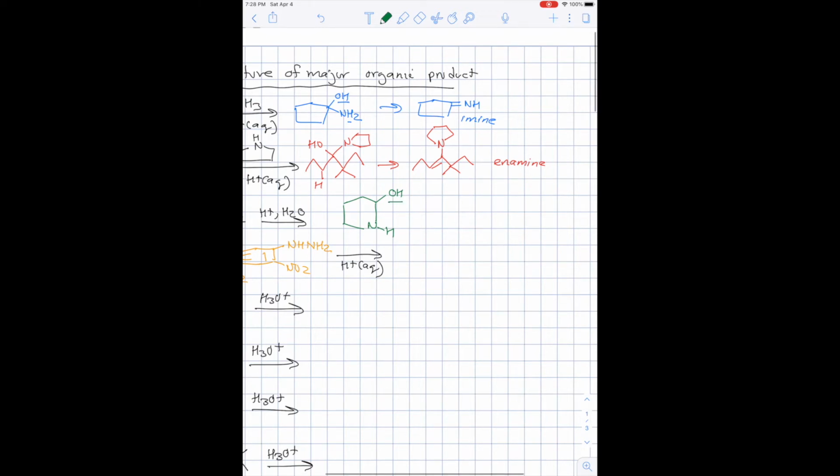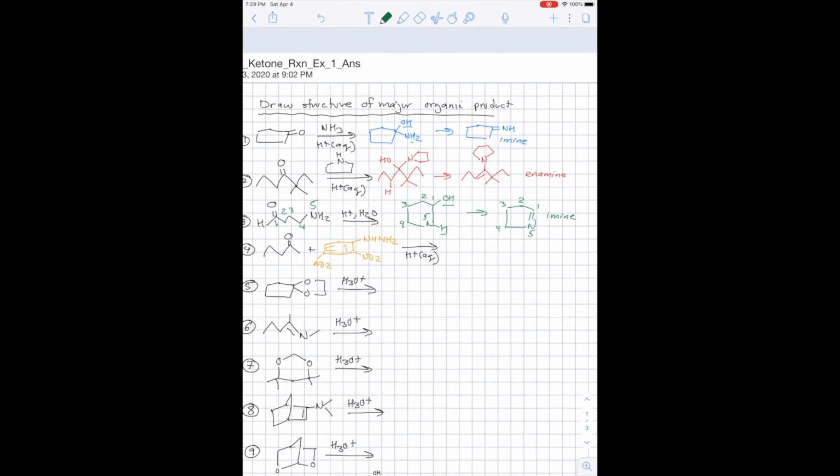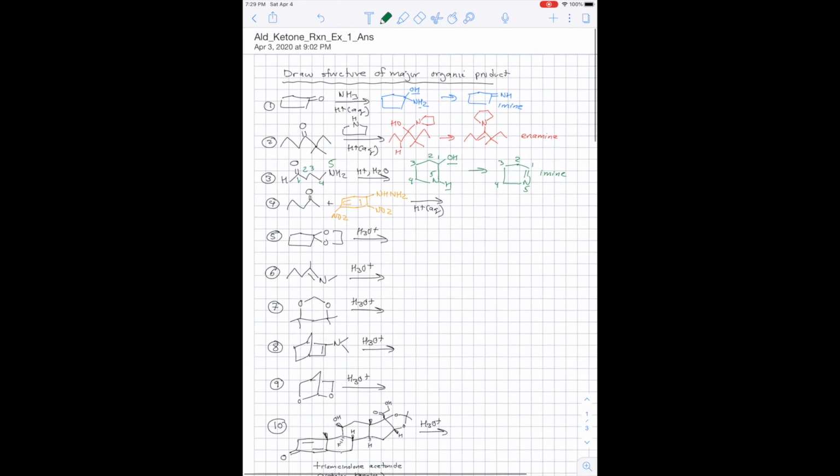So we have our primary amine. And now this can lose the elements of water. And if the program will cooperate, we can at least draw a somewhat better looking 5-membered ring. And that's going to give us this final product, this imine. And if we go back and we number here, 1, 2, 3, 4, 5, and then 1, 2, 3, 4, 5.